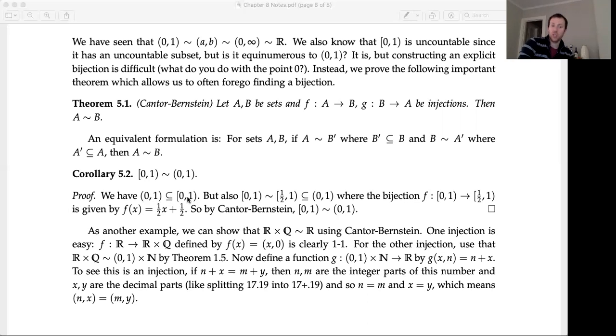So that's an injection. Just send it to itself. But also the half-closed interval is equinumerous to this other half-closed interval, and that is a subset of 0, 1, which means there's an injection from the half-closed interval into the open interval. And so because there's an injection from one set to the other and a different injection back, those sets are actually equinumerous.